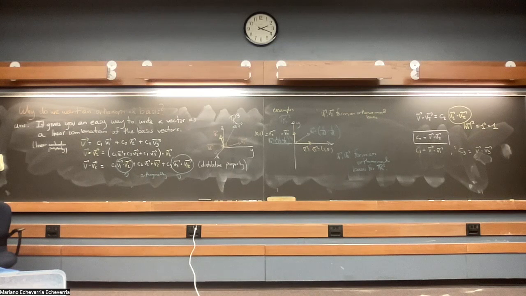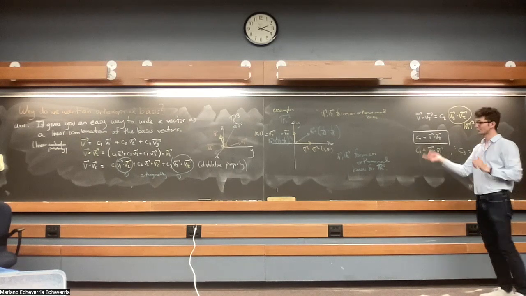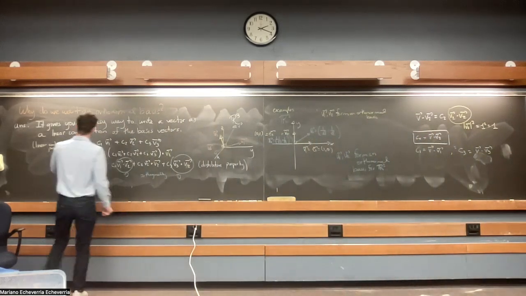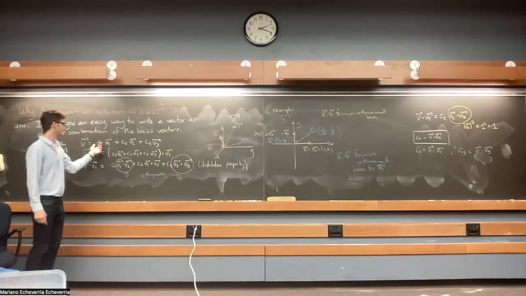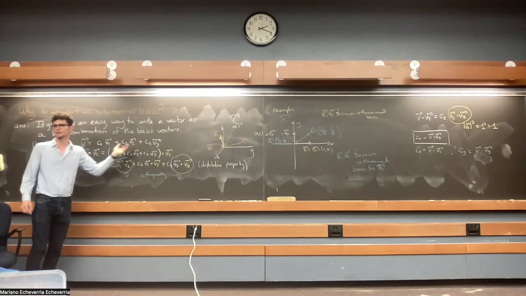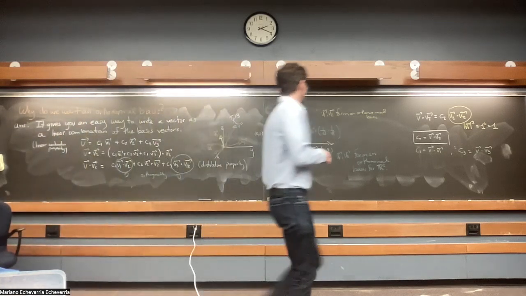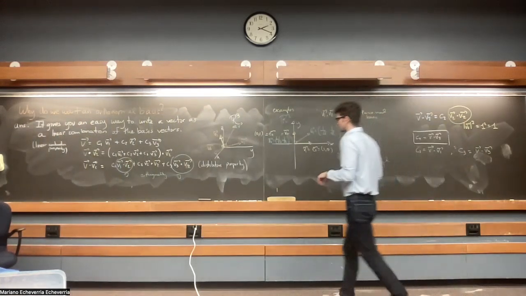So what I'm trying to say is that when you have an orthonormal basis, it's very easy to express a vector as a linear combination of the basis, because the coefficients are just the dot products between the vector and the basis vectors. Let me write that down.